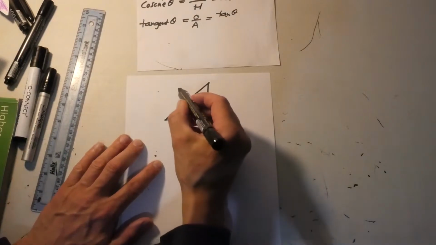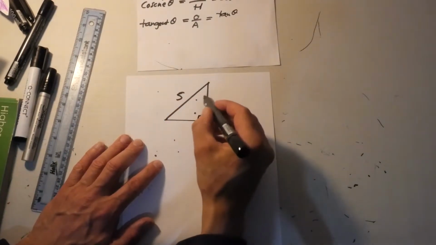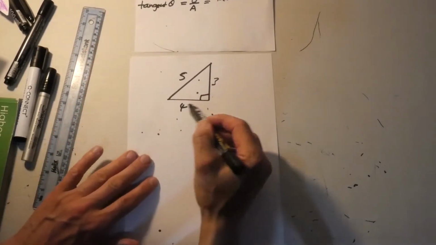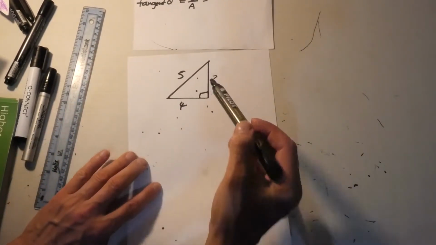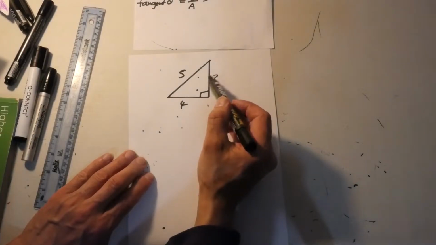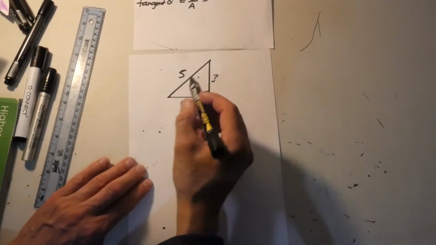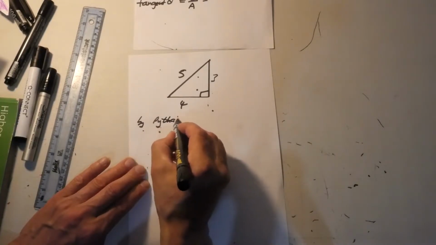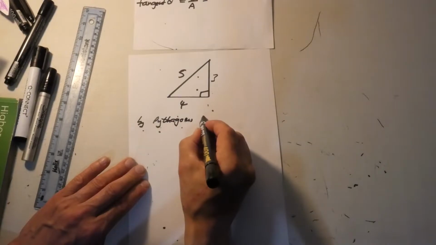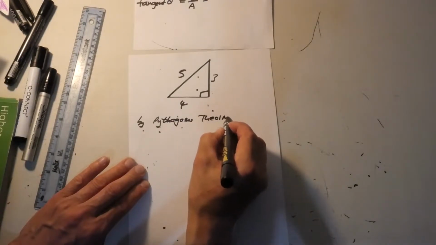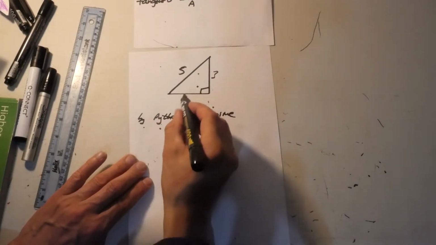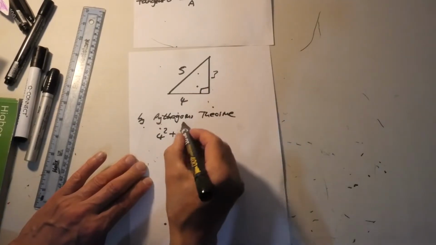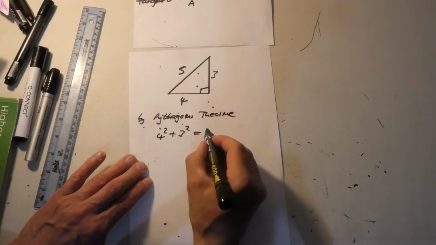So if you call that 5, and this 4 and 3, this is a well-known triangle where, by Pythagoras theorem, the square of that side plus the square of that side equals the square of the hypotenuse, okay?